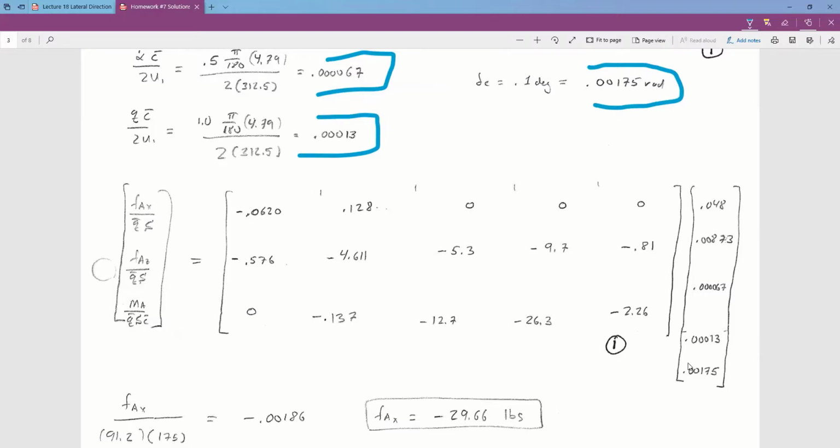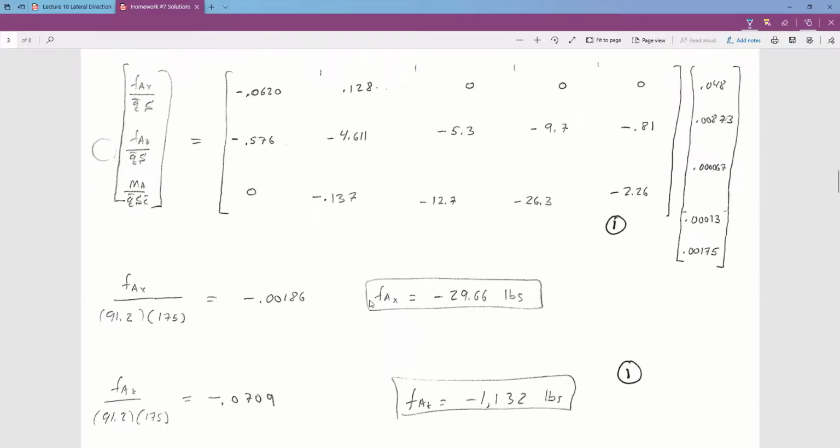And then the answer is multiplying this vector times this matrix. Let me see if I can get both on the screen. Here's the answers. FAX over Q bar S is this value here. FAZ over Q bar S, essentially this is the coefficient. And then you should multiply by Q bar S and get these values in pounds.